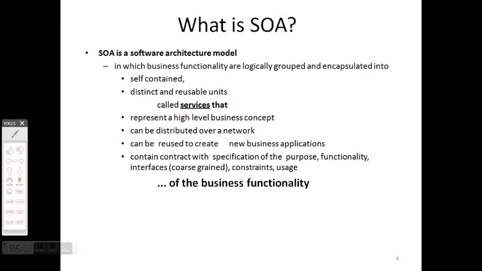These services represent a high-level business concept, for example, an invoice or a sale, and then we'll talk about how these services can be complex or basic. It can also be distributed over a network.